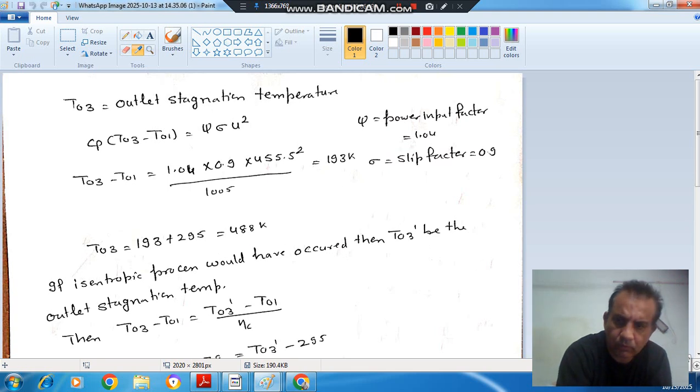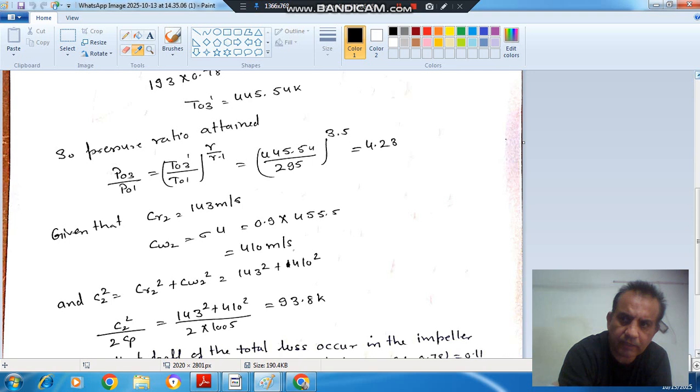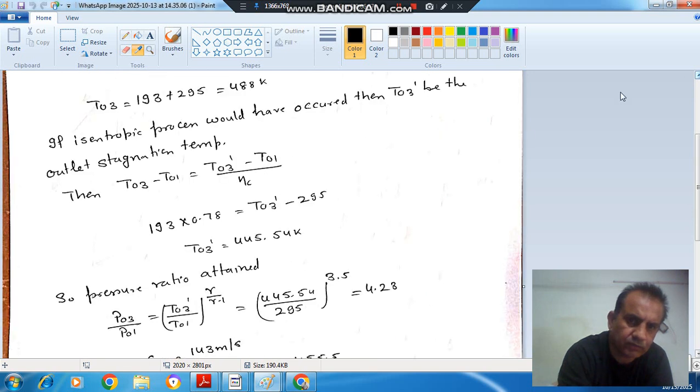Now this is the actual temperature rise. If we assume that the process is isentropic, then the isentropic temperature rise T03 dash minus T01 will be calculated by multiplying this temperature rise with the efficiency.